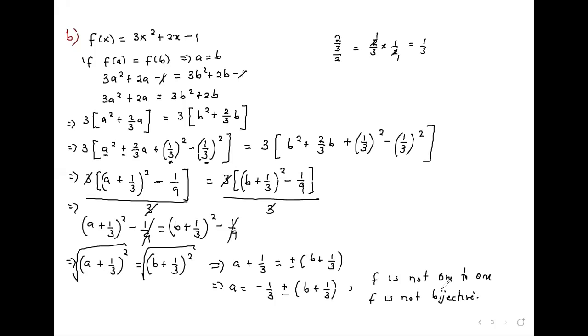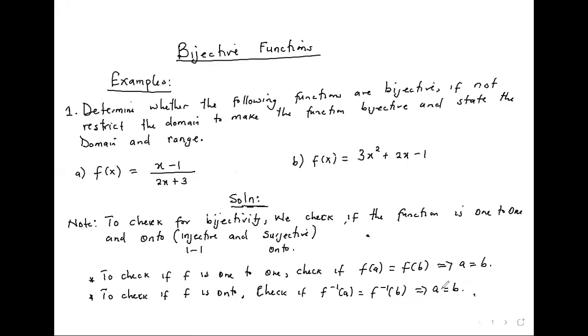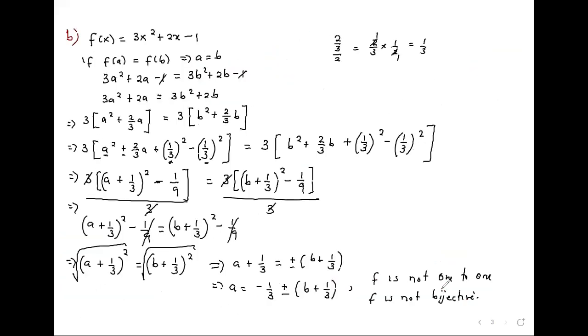Because f is not bijective, the question said, should you find a function is not bijective, restrict the domain to make the function bijective, and then state the new domain and the range. So this means that now that the function is not bijective, it's obvious it has to do with the domain. So we restrict the domain of this function.